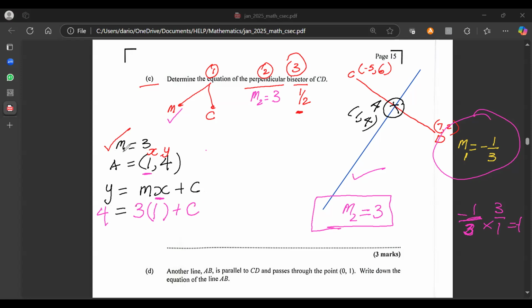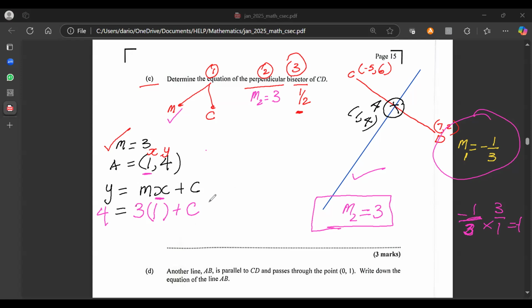So I want you to write in your books: M is equal to 3, A is equal to 1, 4, X, Y. Y is equal to MX plus C. So 4 is equal to 3 times 1 plus C. I want everybody to find C quickly. Go.